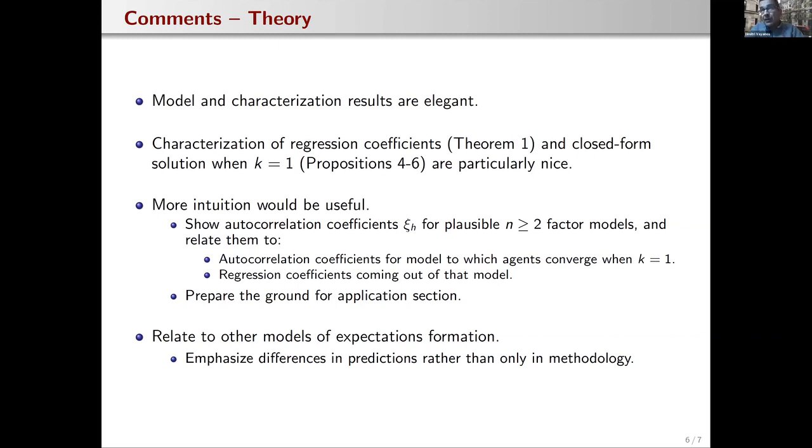Now, what I would like to push the authors to do on the theory side is to provide more intuition for their results, essentially to show the reader how the autocorrelation coefficients in the X_t process, for different plausible factor models, relate to the autocorrelation coefficients of the model to which the agents converge, and to the regression coefficients coming out of that model.